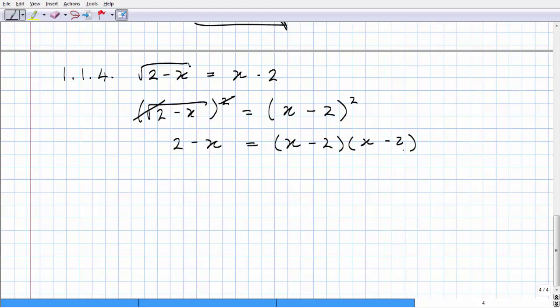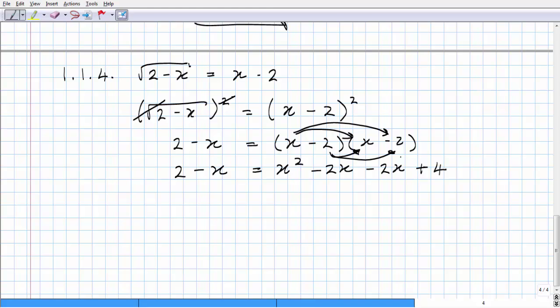And we multiply that out, so I'm going to do this in multiple steps, but you can do it in one step, it doesn't matter. That becomes x squared. When we multiply that one and that one, we end up with negative 2x. That one and that one, we end up with negative 2x again. And that one and that one, we end up with negative 2 times negative 2 is positive 4.